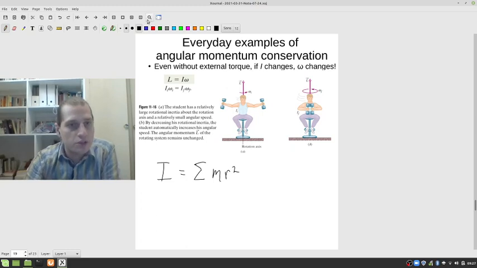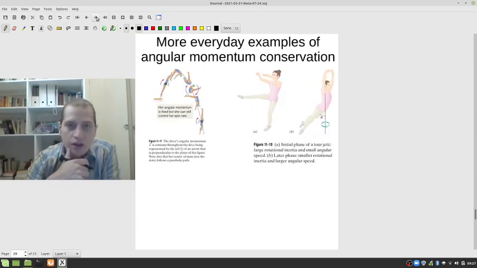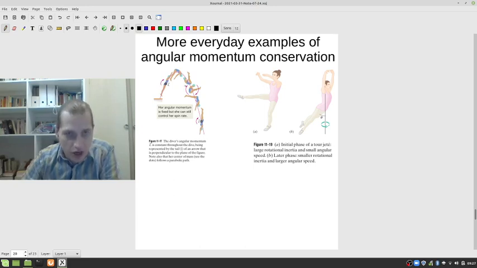Okay, there are lots of interesting examples of this type of thing. For instance, here would be a diver. She starts out jumping off, and she's not spinning very fast, but then she tucks her body in. So essentially what she's doing there is she reduces her moment of inertia about her center of mass, and that causes her to spin more quickly, and then when she wants to go into the water, she can flatten her body back out.